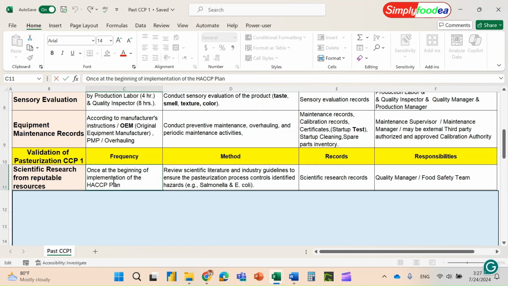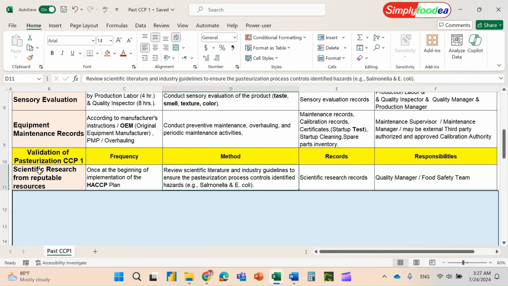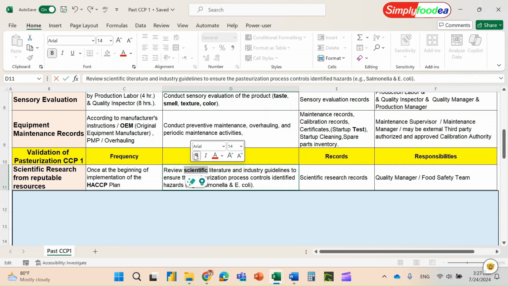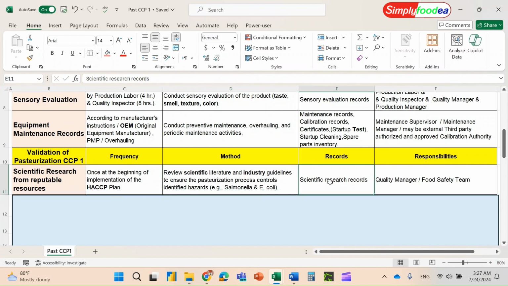So at the beginning of your HACCP plan, when doing this verification and validation, the methodology is using scientific studies and literature and the industry guidelines to ensure that the pasteurization process controls the identified hazards, such as Salmonella or E. coli. You must have the research records as a reference, and the responsibility belongs to the quality manager and the food safety team.